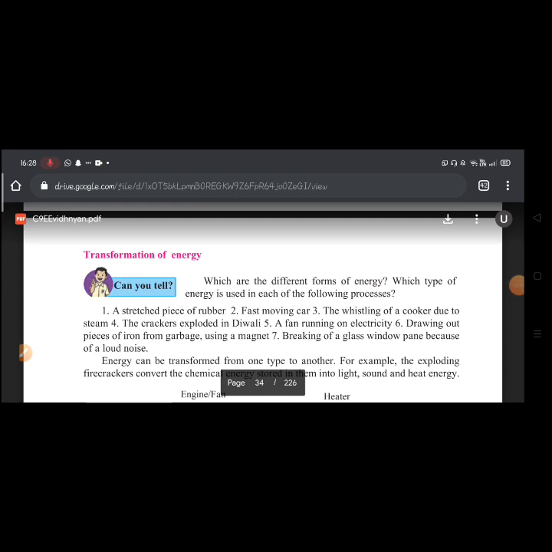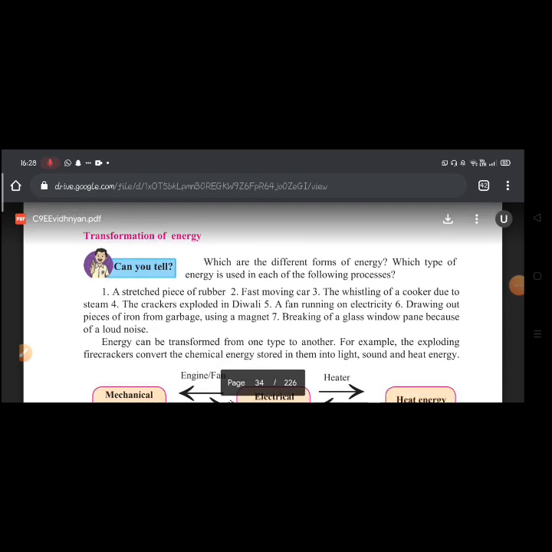I hope you have all seen and felt that there are many types of energies in the world. In our day-to-day life we use them. First, when we wake up in the morning, we heat up the water so that we can bathe. So which sort of energy is required in that? We require heat energy, and it's not compulsory that the heat comes from an electrical device like a geyser or a heater. Solar energy can be converted to heat energy. So energy can be converted, that is the transformation of energy. Let us see how energy is being transformed.